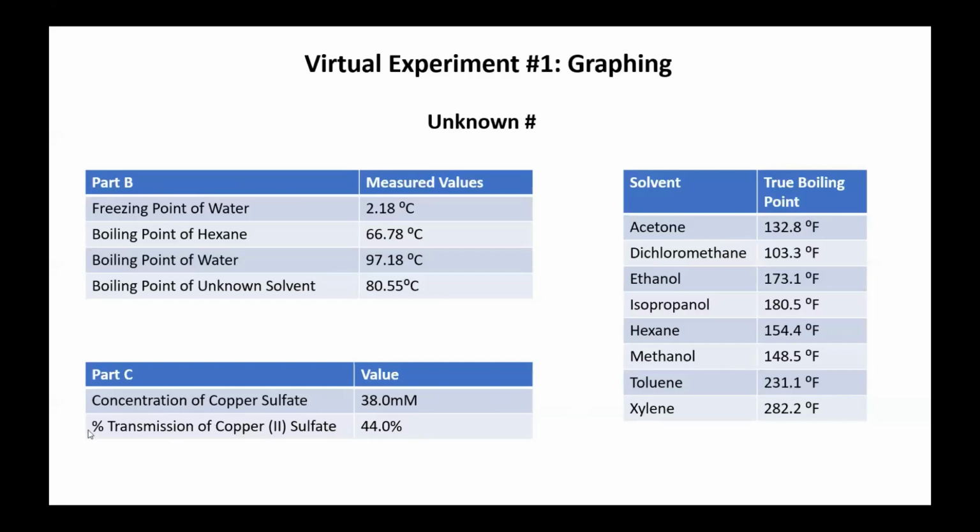Likewise, the second value listed is a percent transmission of copper sulfate, in this case 44%. Using your graph and using the equation from your graph, you will need to convert this into absorbance, and then using the graph, determine what is the concentration of copper sulfate that would give this transmission value.